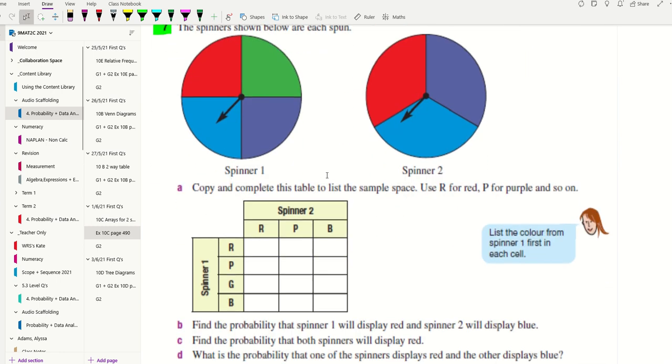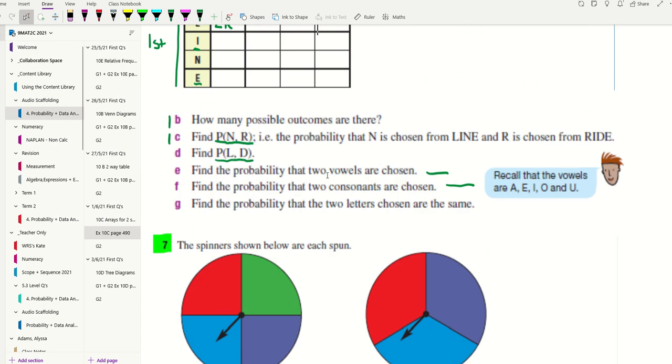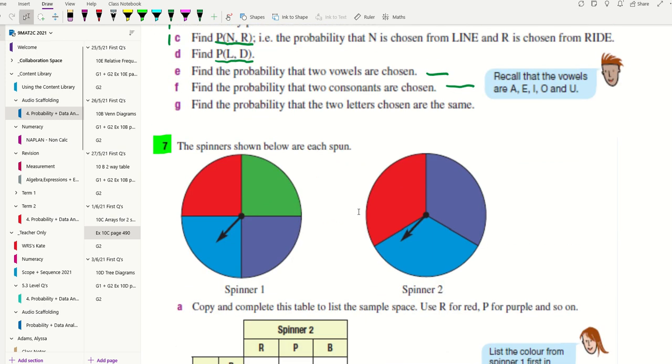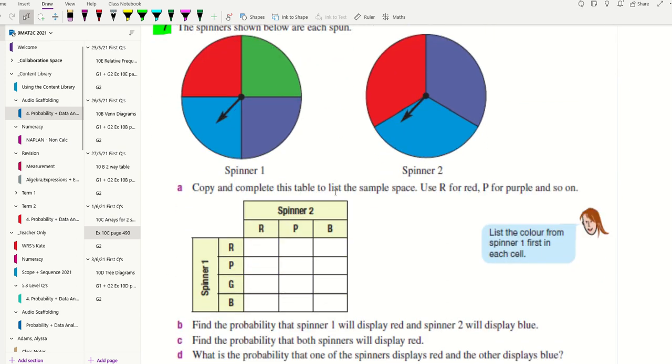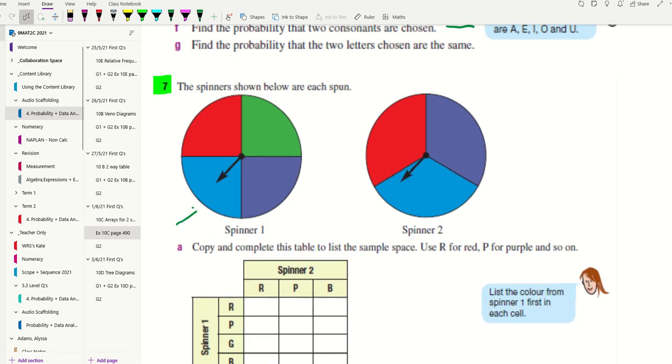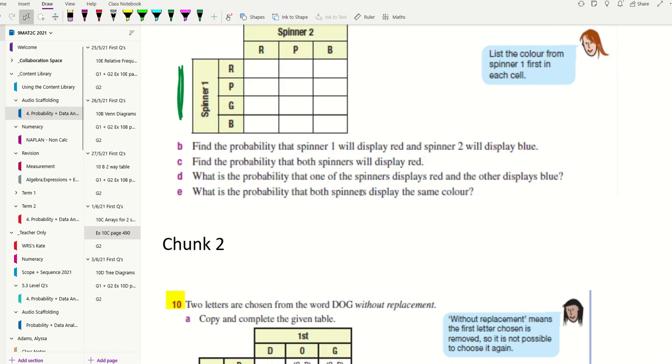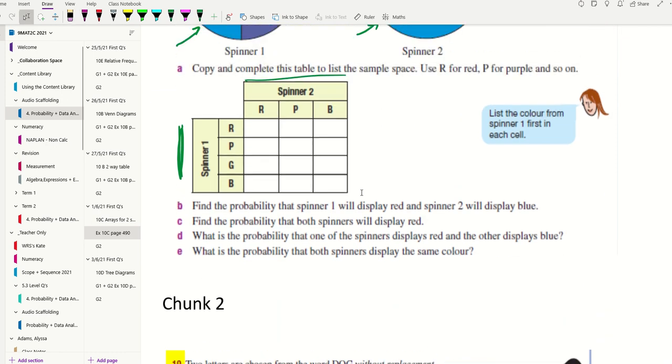And then we have this next one you can do for homework. See if you can get someone to read that out for you, or simply you may be able to do this. This is our spinner 1, and spinner 1 has been written on there. This is our spinner 2, spinner 2's across here. So you're completing them, and then once you've completed your table, you're looking for spinner 1 being red and spinner 2 being blue in the first question.